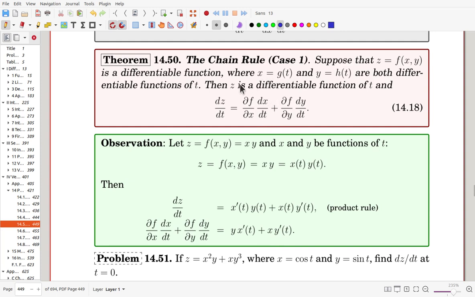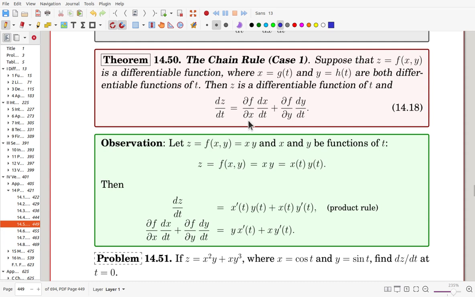F is a function of x, y, but x includes t and y includes t. So for x, you have to take the derivative of f with respect to x and dx over dt. So x is a kind of group or expression of t.